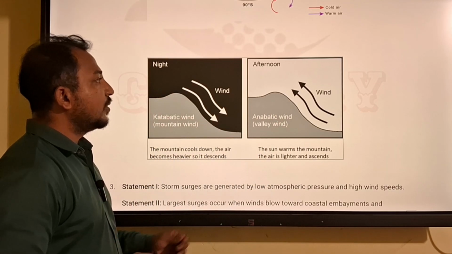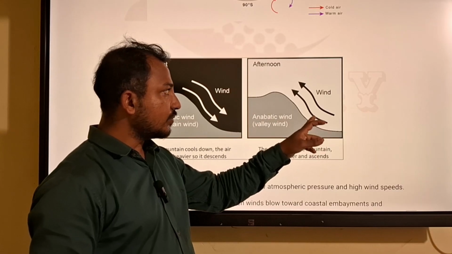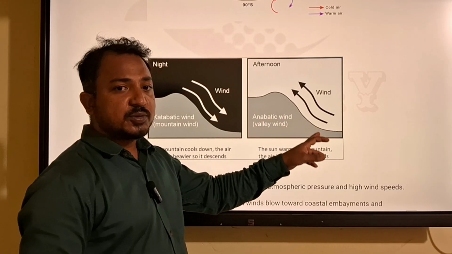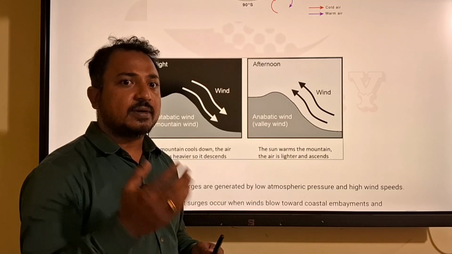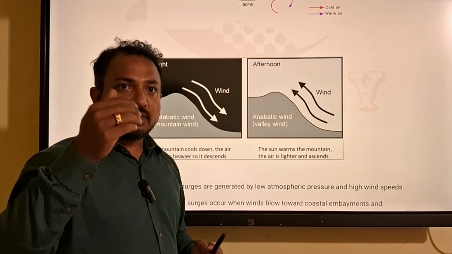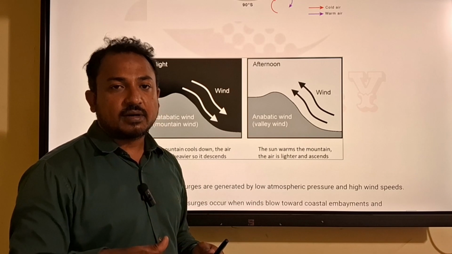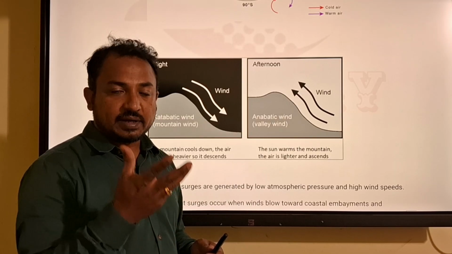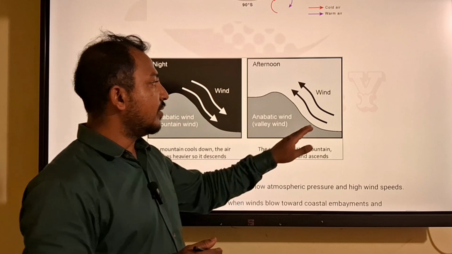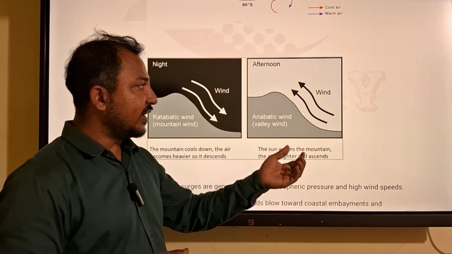So during your daytime, the lower part of the atmosphere gets more heat because of the radiation received by the earth, that is absorbed. Then again they radiate. So that's why the lower part of the atmosphere gets more heat.